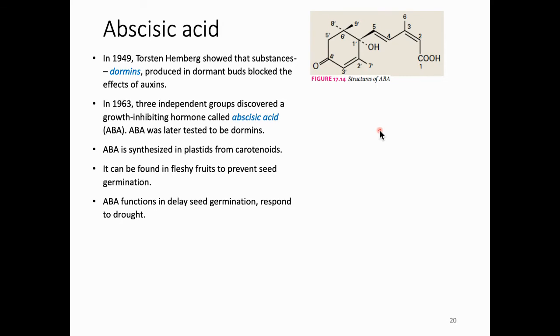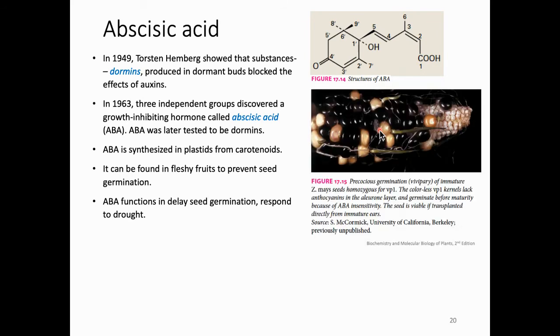As I mentioned about seed dormancy and seed germination in the GA part, GA will promote seed germination, but abscisic acid or ABA will prevent seed germination and promote seed dormancy. ABA also functions in delaying seed germination and response to drought stress, meaning too little water.